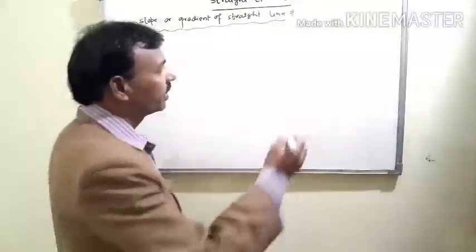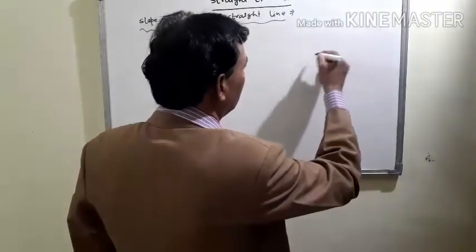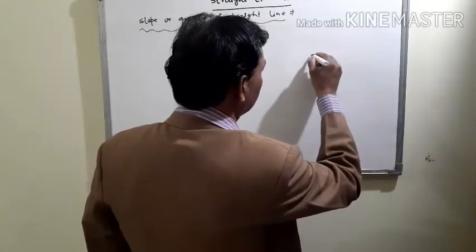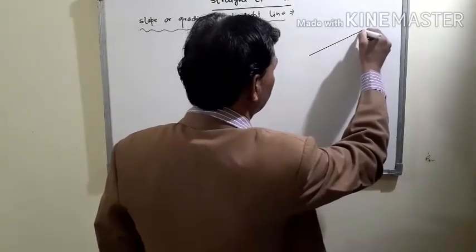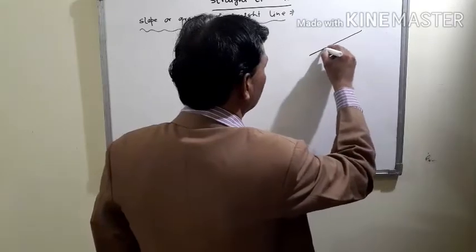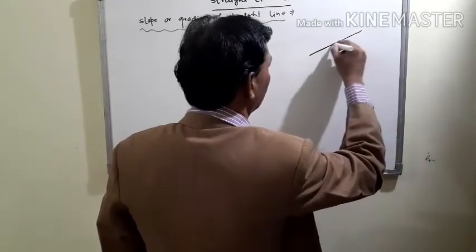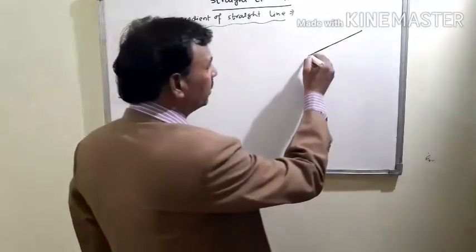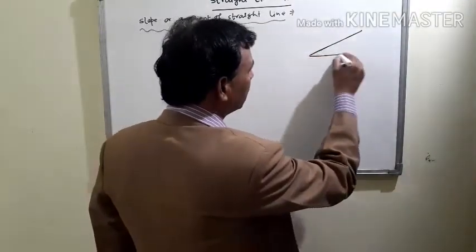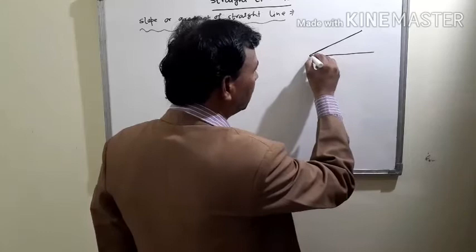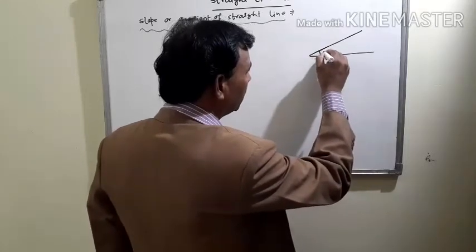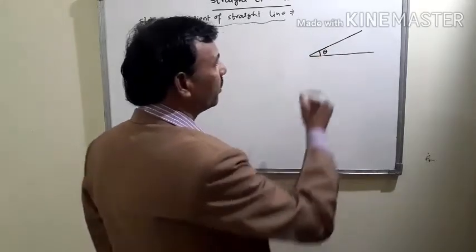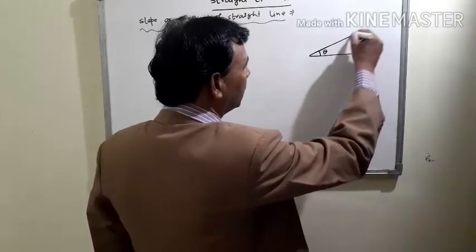Suppose this is some earth, like this. So this is known as slope. But what is the slope? Suppose this is a plane earth, and with this earth, what is the angle formed by this line?